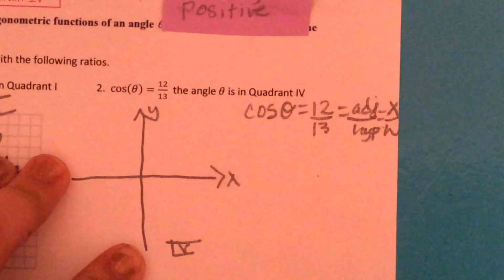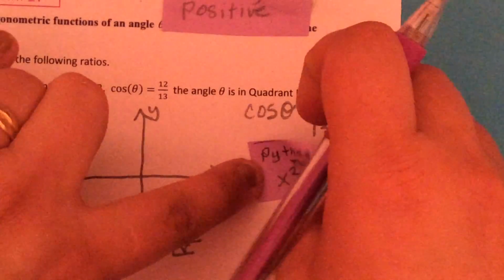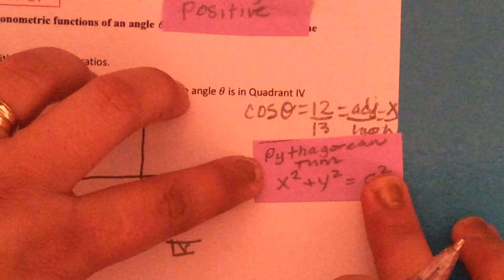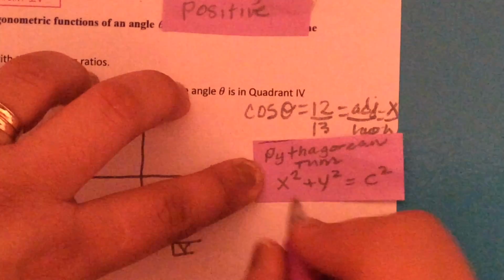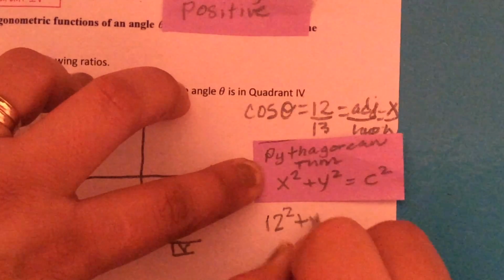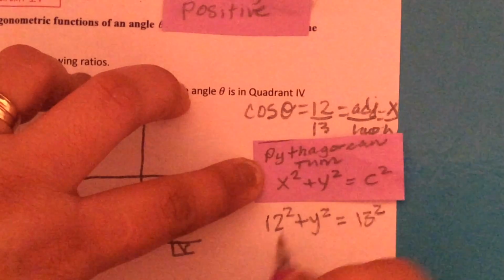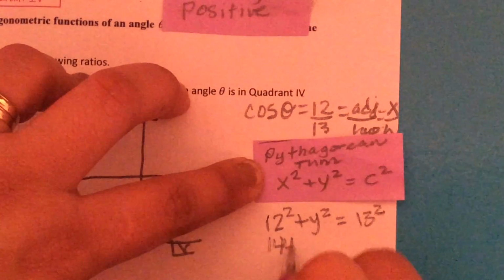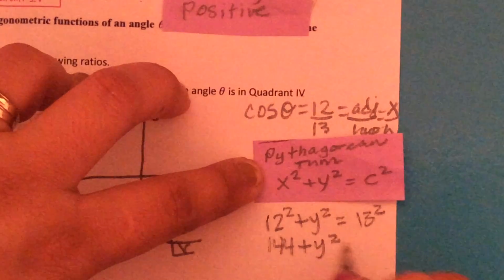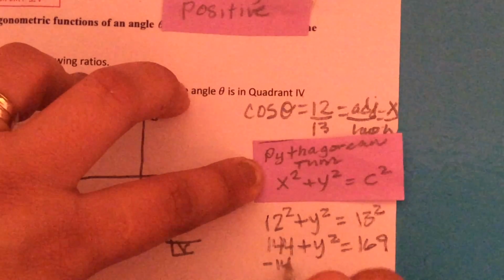So that means we need to calculate the y. So we need to use the Pythagorean theorem here. X squared plus y squared equals c squared. So we're going to do 12 squared plus y squared equals 13 squared. So that's going to be 144 plus y squared equals 169. Subtract the 144.